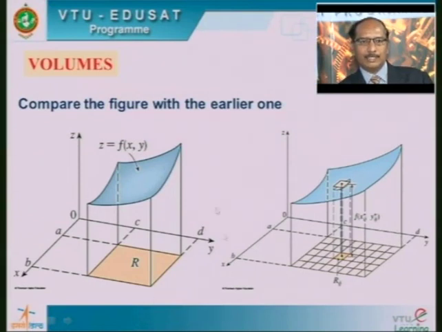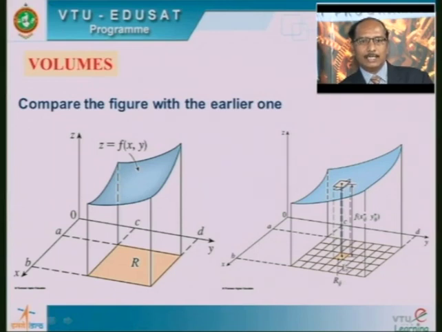This is the given figure. The surface is drawn here, that is the 3-dimensional surface z is equal to f(x,y), and the given region is a rectangular region R bounded by a to b and c to d, that we have divided into so many sub-rectangles. In that, one sample rectangle, that is Rij, is considered.